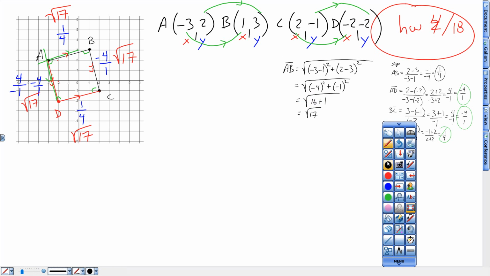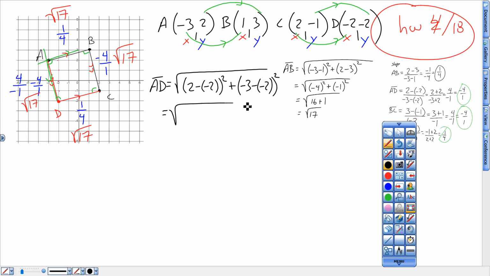All right, let's do AD. Again, support your math. AD is going to be, let's go the y's first, 2 minus 2. Let's go negative 3 minus 2.